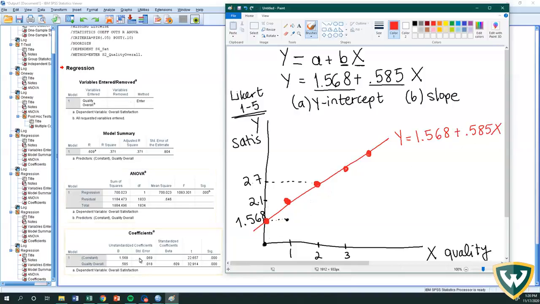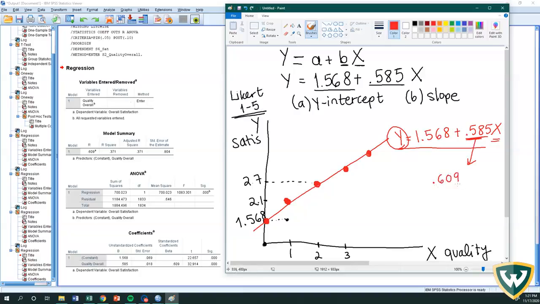So these coefficients tell you your regression equation, and from this equation you can also predict any y that you would like for given x's. Then you have the standardized beta coefficient, which is the standardized version of your slope, and that is 0.609.